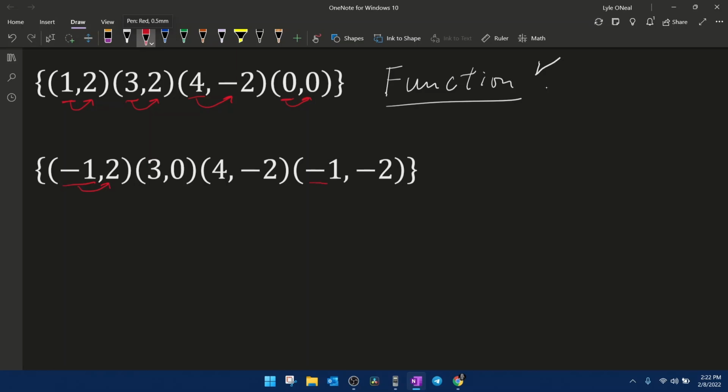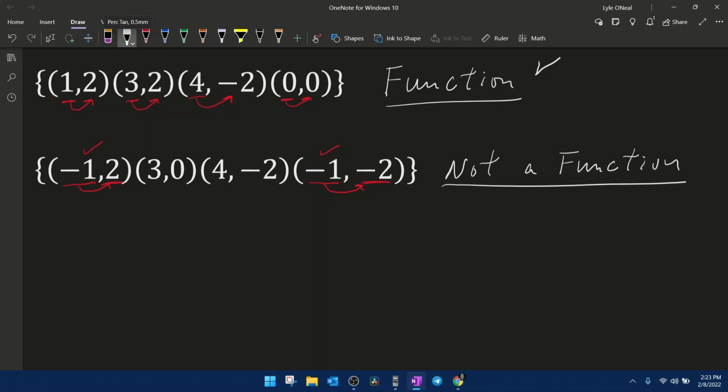If you look back here, we also have negative 1 corresponding to negative 2. So this would be a case of having the same x value that corresponds to different y values, which is a violation. This cannot be a function.